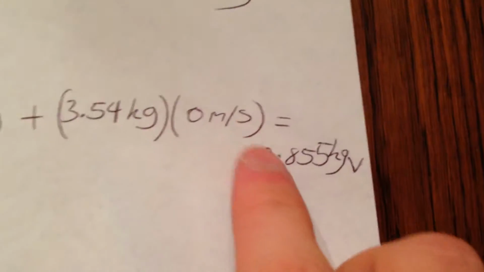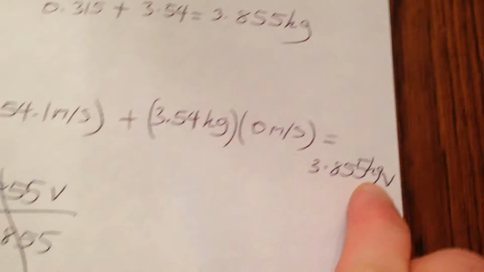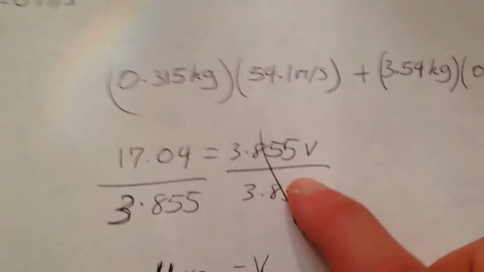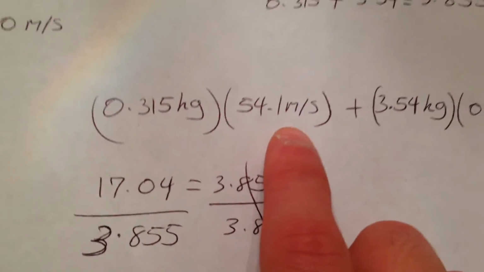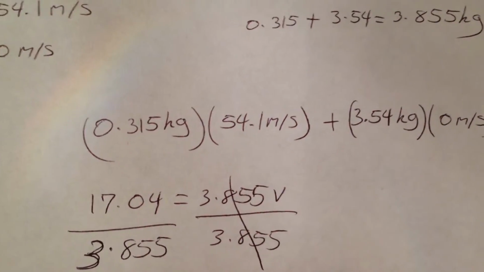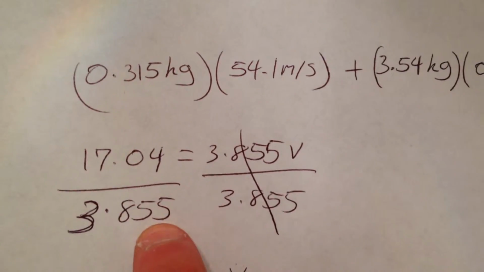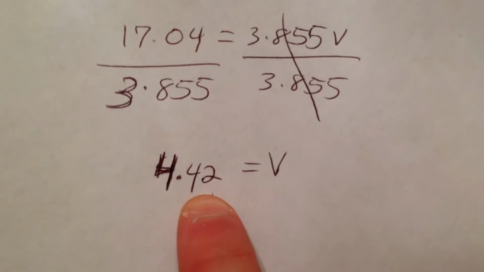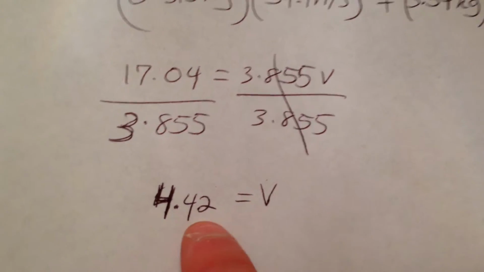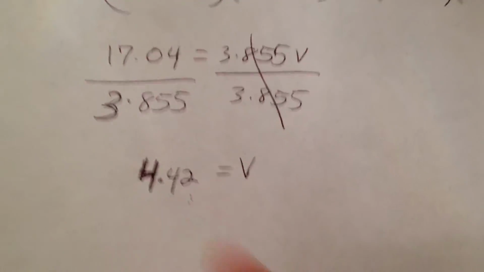That's why I set it equal to that multiplied by V. So this right here is going to come out to be 17.04, and I just divided it by this to get the velocity. So now the final velocity of both the ball and the box is 4.42 meters per second.